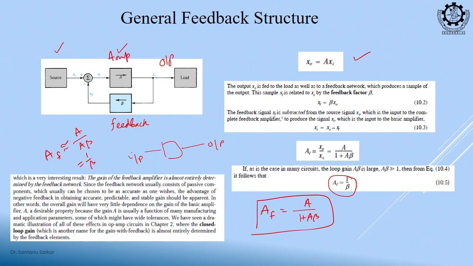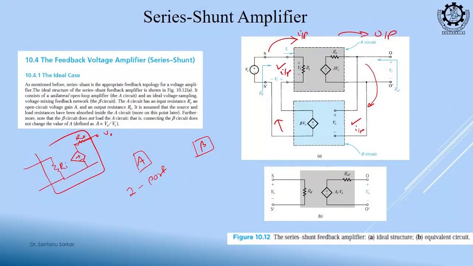Now, what are we doing? Inside those blocks, we are putting another model. First, we modeled that with only A. Next, we are modeling this A with its equivalent 2-port network. So, for the first day, we will stop up to this, and in the next class, we will concentrate on this and see.